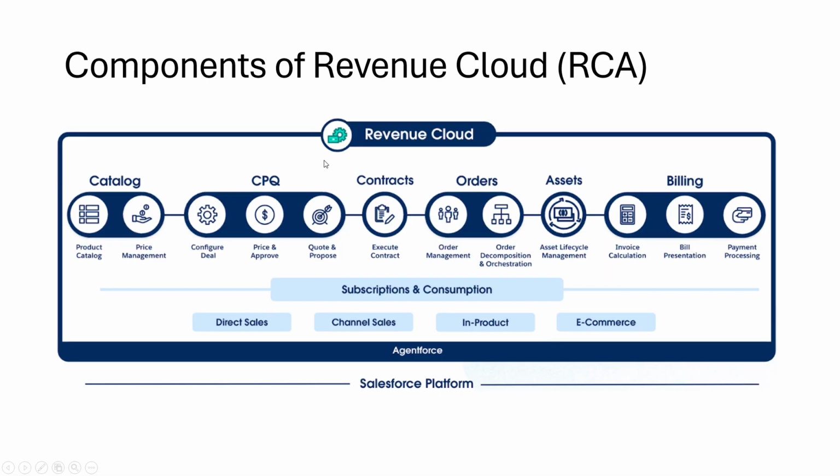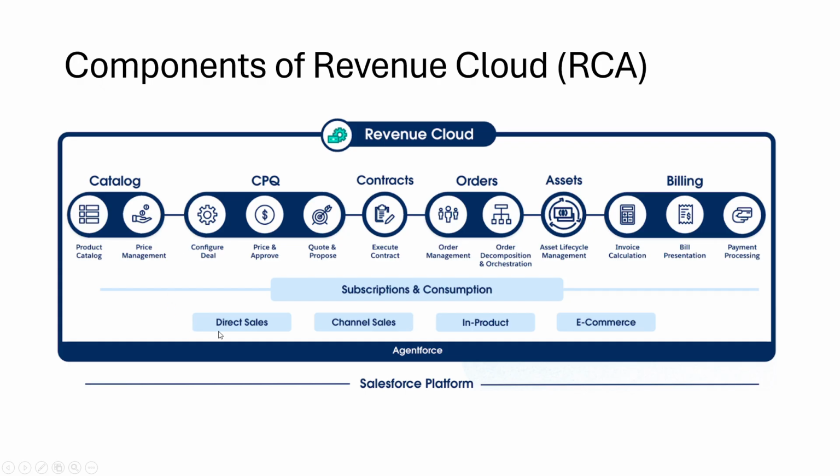So let's dive into the components involved in Revenue Cloud. If you see the architecture of the Revenue Cloud suite, it's all built on top of the Salesforce platform, which is powered by Agentforce. So yes, agents can now be utilized with Revenue Cloud Advanced. And see how beautifully it has been architected.